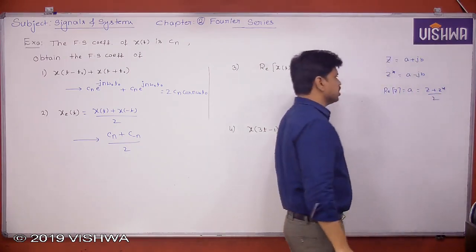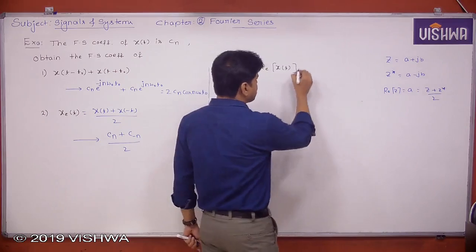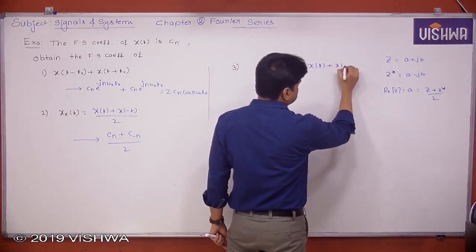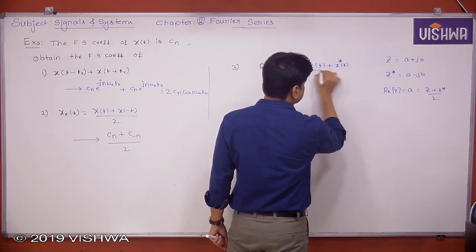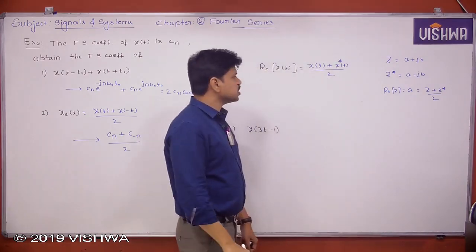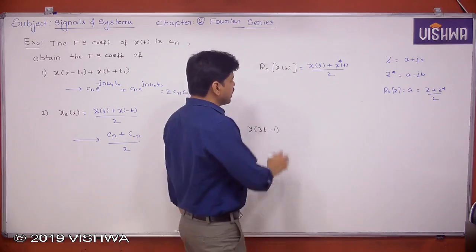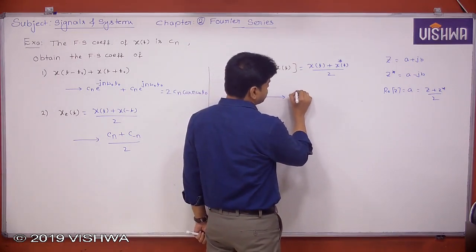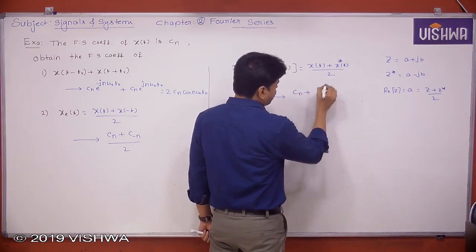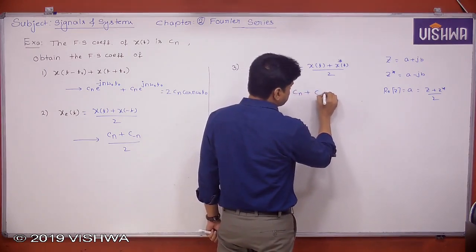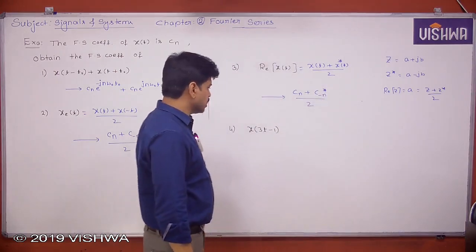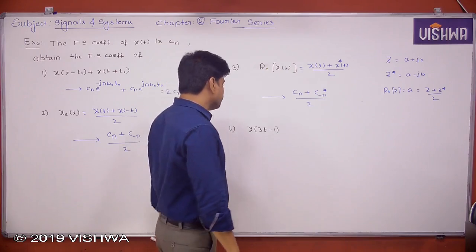In a similar manner, this can be written as x of t plus x conjugate of t divided by 2. For x of t, the coefficient is Cn. For x conjugate of t, it is C minus n conjugate, all by 2. Clear?